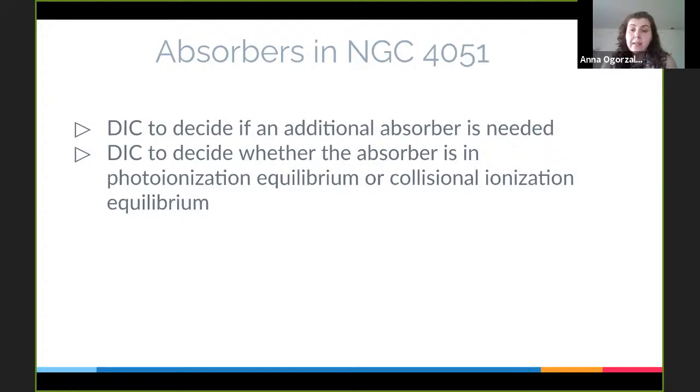We then consider that they might actually also be in collisional ionization balance, where the equilibrium is basically set by gas temperature, something that most analyses don't necessarily take into account. Here again, the DIC can help us decide which model is more likely given the data, so telling us what is the more likely physical state of the absorber.